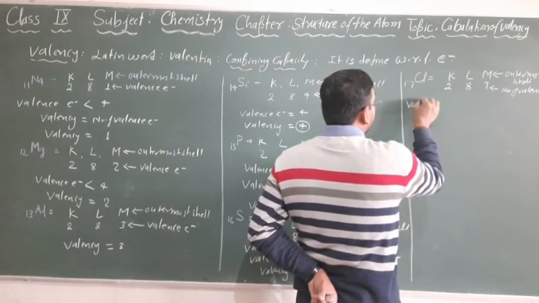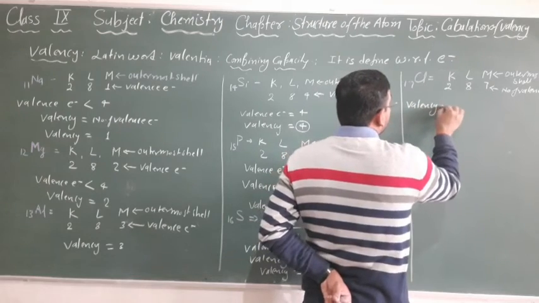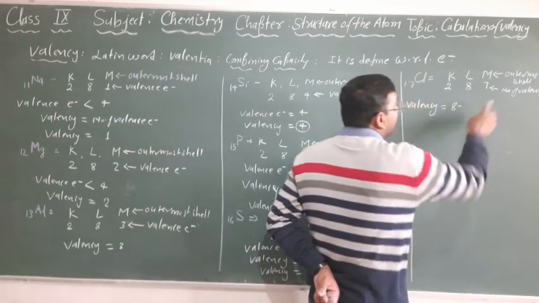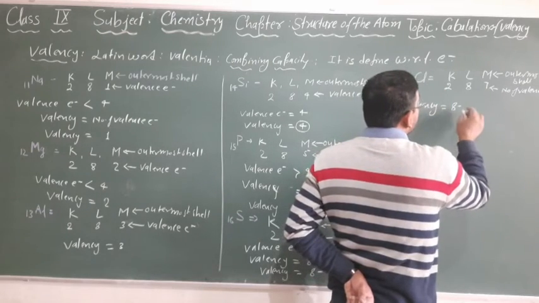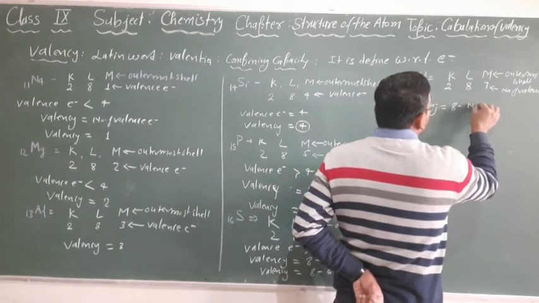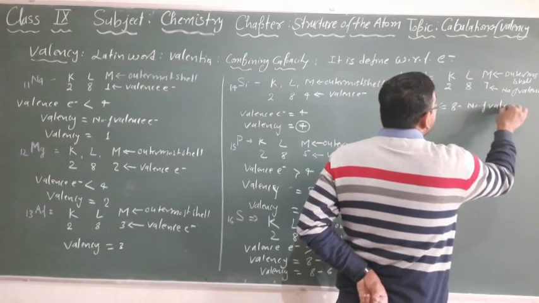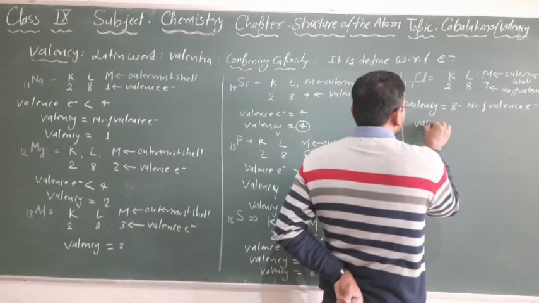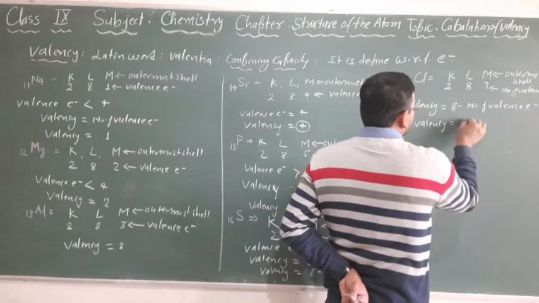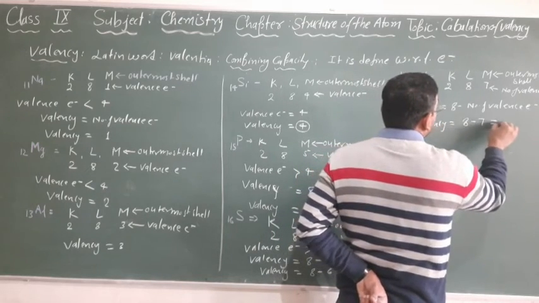So now valency is equal to 8 minus the number of valence electrons, as it is more than 4. So valency of chlorine is 8 minus 7, which is equal to 1.